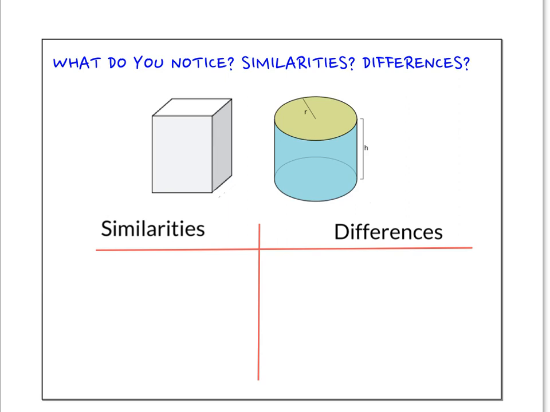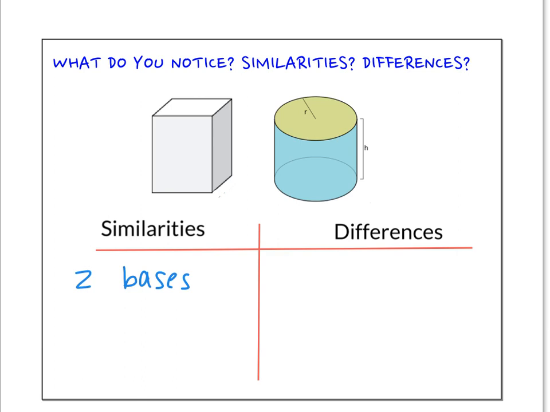If you look at a cylinder compared to a prism, and here we have a rectangular prism on the left, you can see that they have some similarities and differences. Hopefully one of the first similarities you think of is that each of them has two bases. The figure on the left has square or rectangle shaped bases on the top and bottom, and the one on the right has circles.